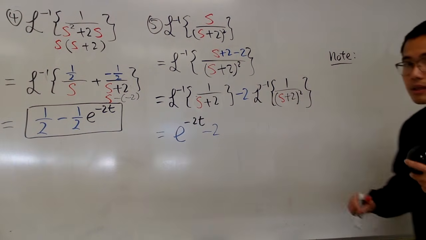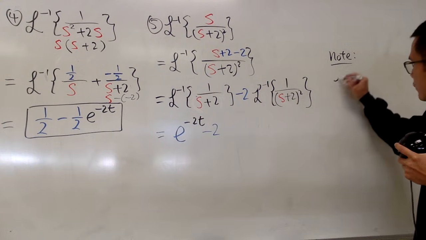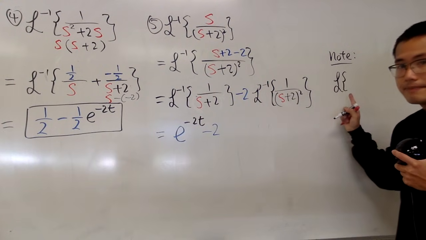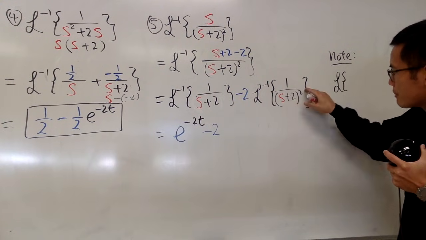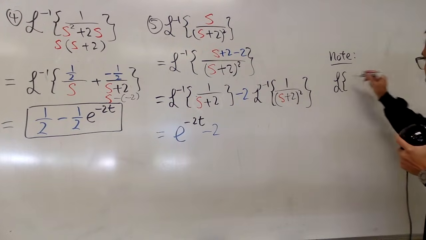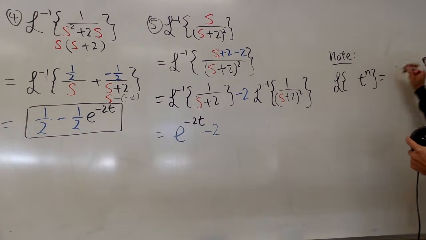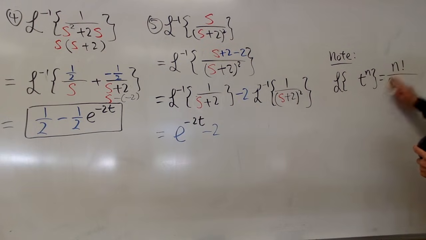Note: if you have the original Laplace, notice we have s to some power, so you can expect to use t to some power. The Laplace of t to the n is n factorial over s to the n plus 1 power, right?